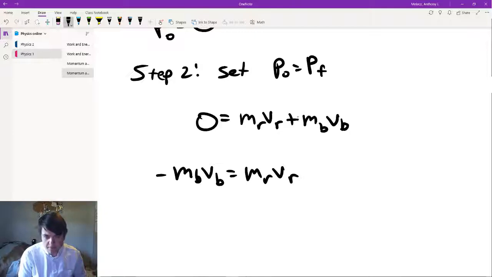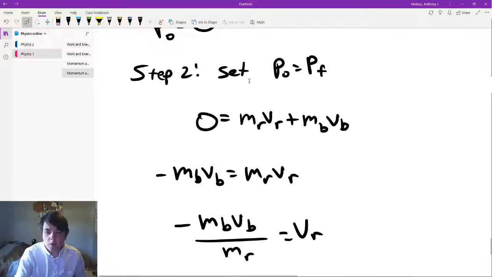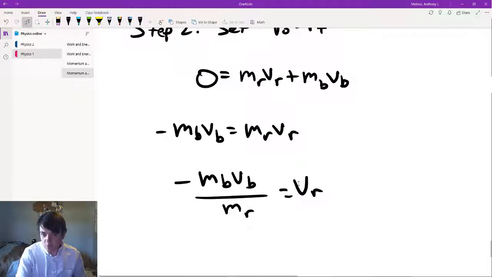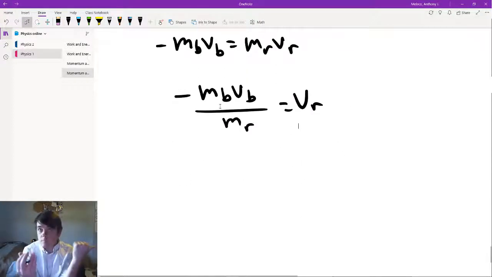We're going to divide by MR. Negative MB VB over MR equals VR. And we're going to get a negative value here, which denotes that the rifle is moving to the left, or the opposite of the bullet, I should say, because we haven't defined direction yet.